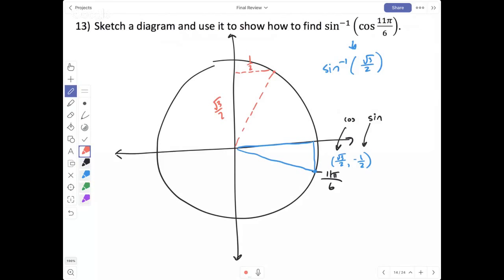Now I'm asking, what's this angle that would take me to that value? Of course, this angle is pi over 3. So the answer is pi over 3. Cool.